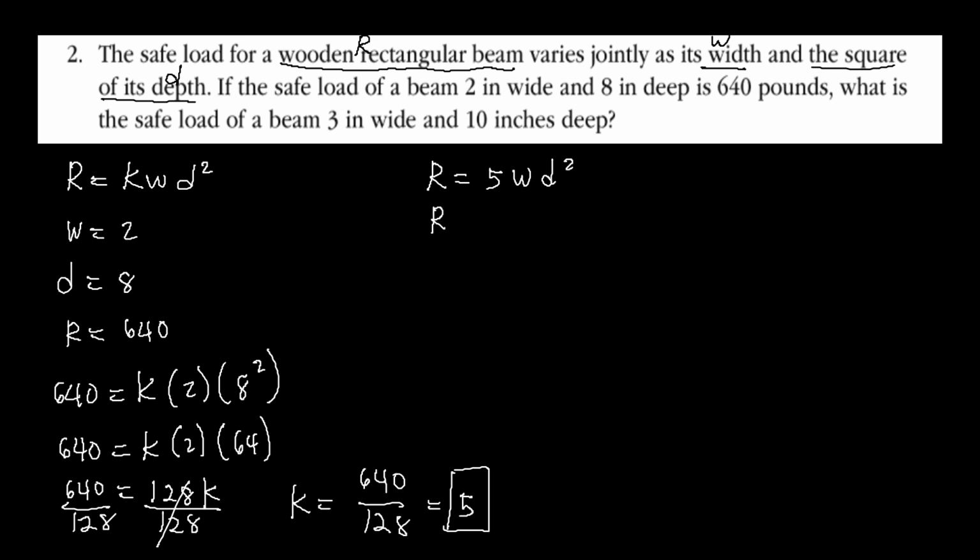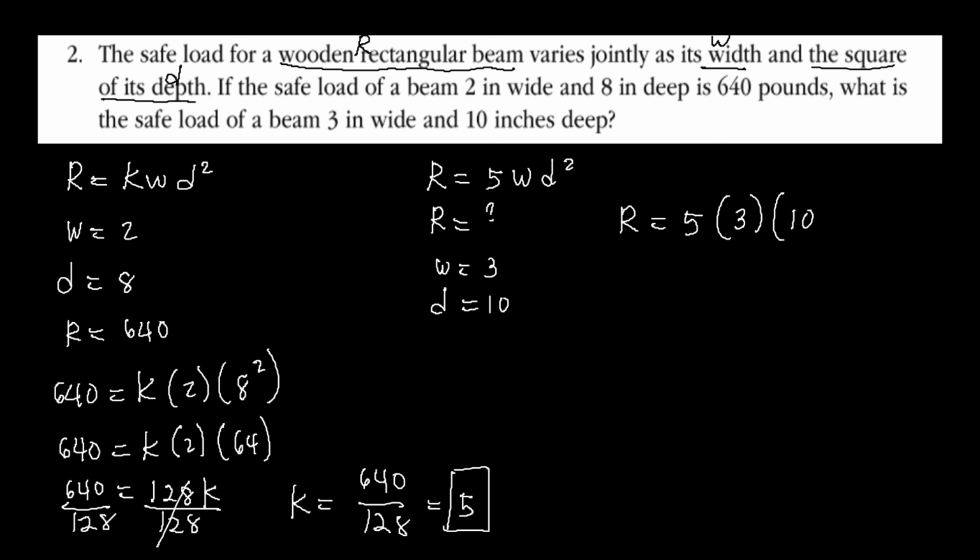Yung hinahanap is yung R. Tapos, given tayo ng width na 3 at yung depth na 10. Okay? So, just simply substitute the values. Okay? R. So, 5. What is our W? That is 3. And we have 10, the D.